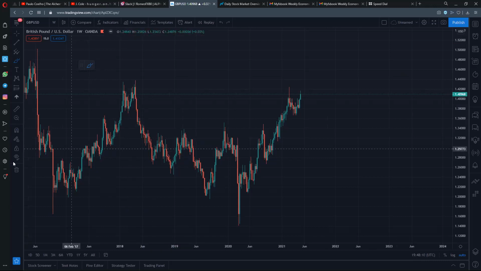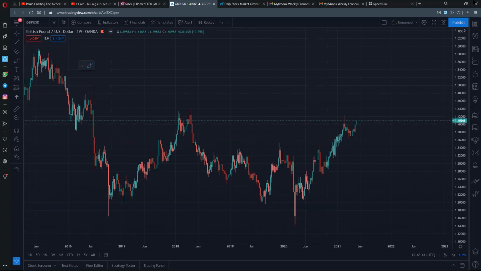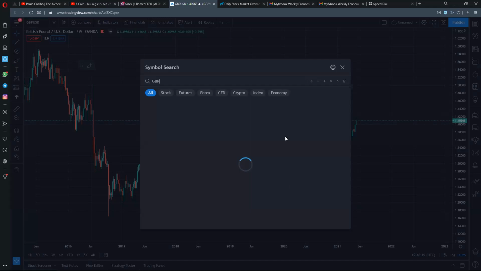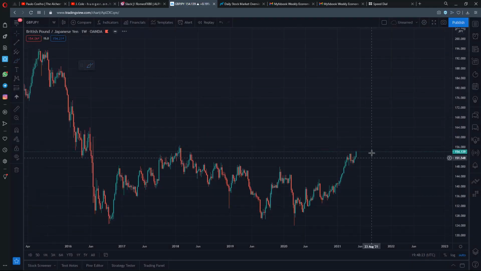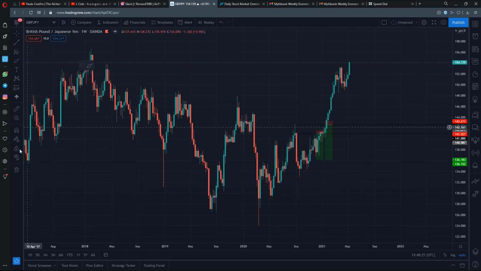So maybe I know you guys are looking things up. Then we have the same thing we've been seeing on GBP JPY. You can see what usually happens on GBP JPY is similar to what happens on GU.